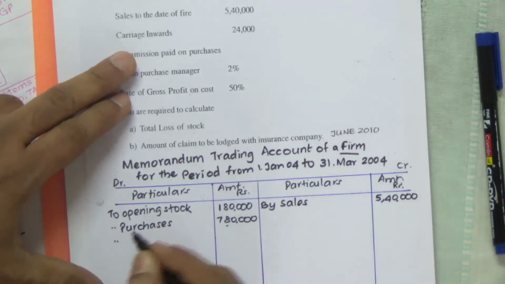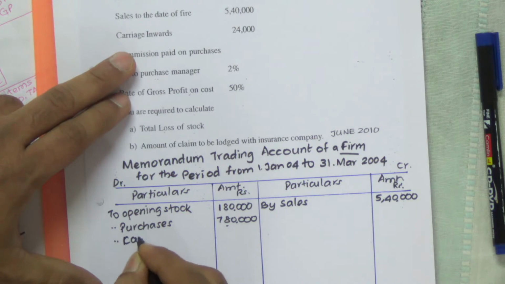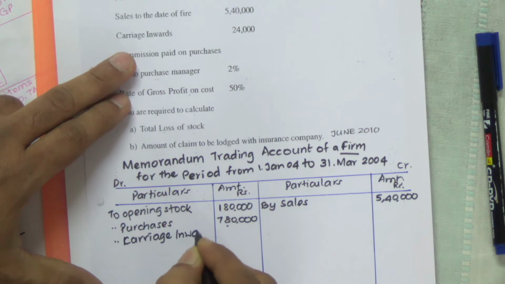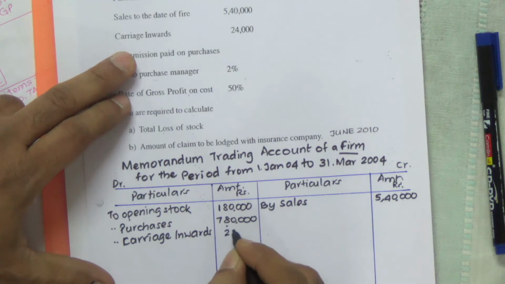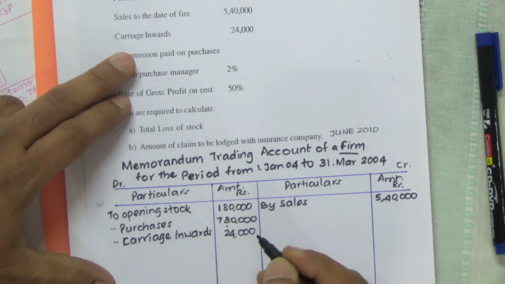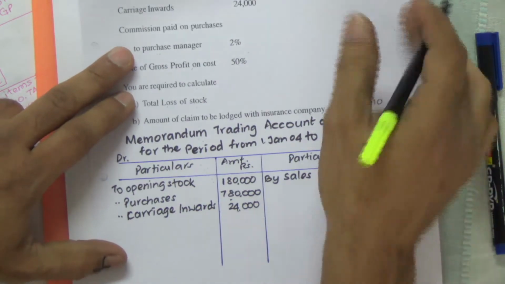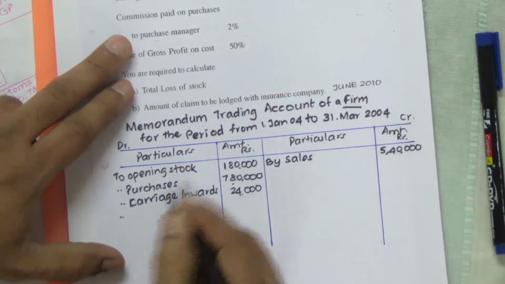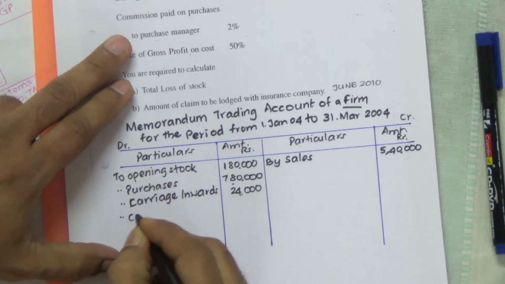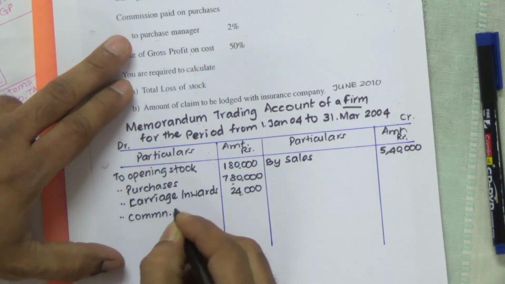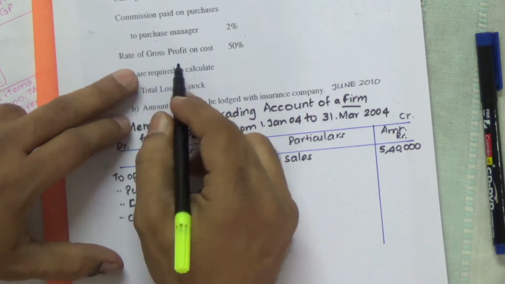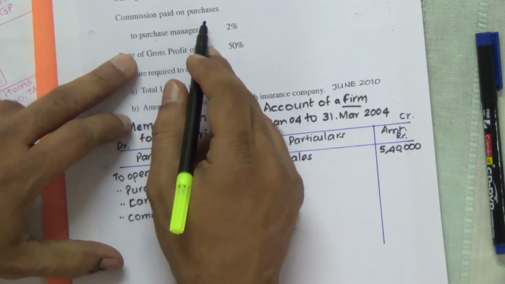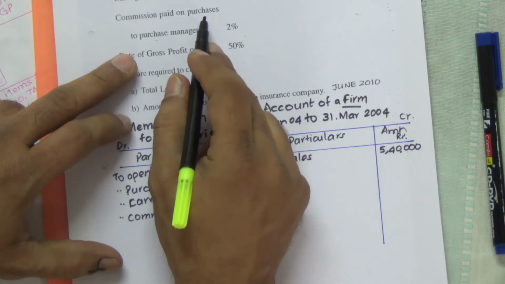Carriage inwards. We know in the format it comes here. Carriage inwards is 24,000. Commission paid on purchase again is an expense. All expenses will have to be debited here. Commission on purchases, that is 2%, paid on purchases to the purchase manager. 2% of purchases.